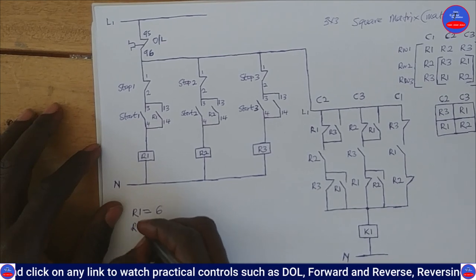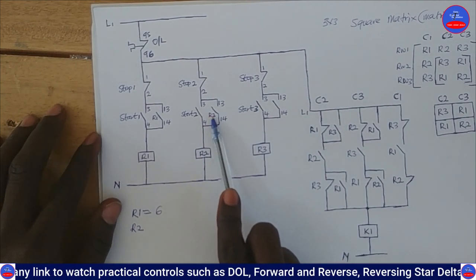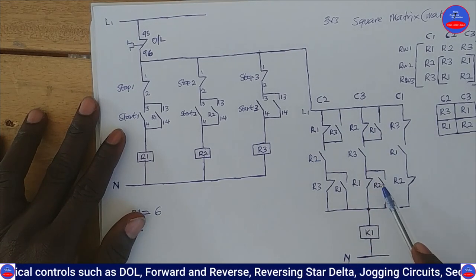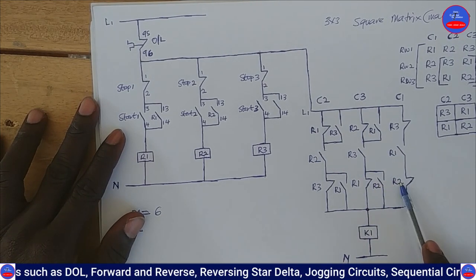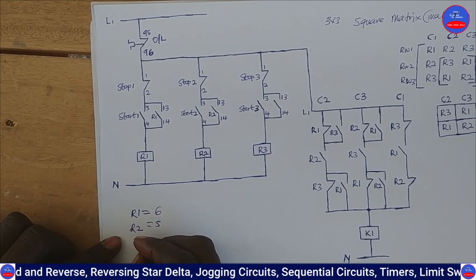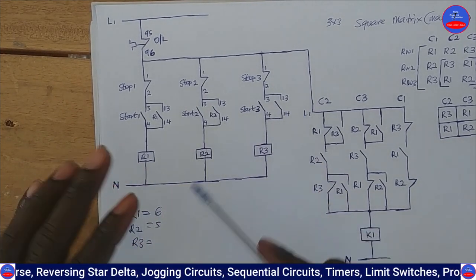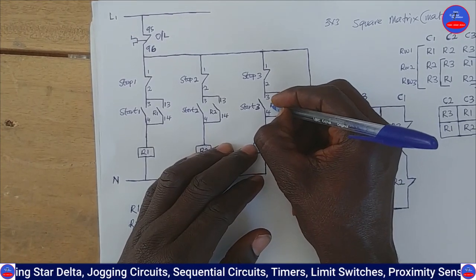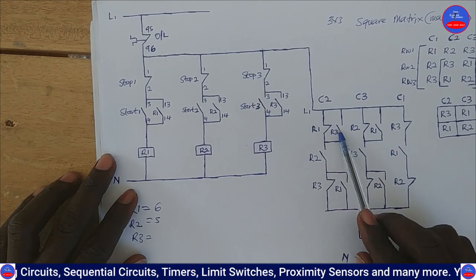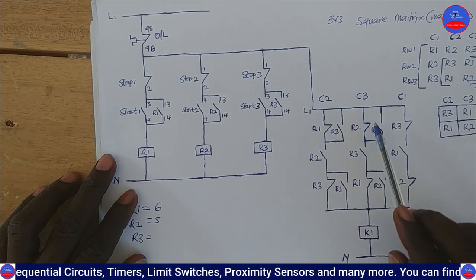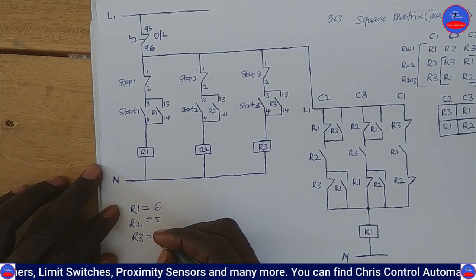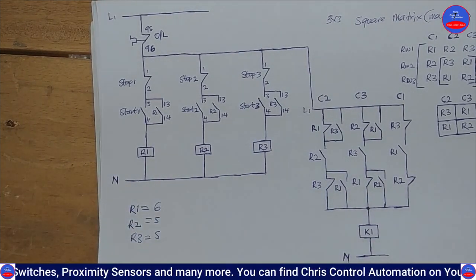Our R2, 1, 2, 3, 4, 5. Our R2 is 5. Then our R3 is equal to 1, 2, 3, 4, 5. It's also 5. So it means that each relay, let me tell you something here.